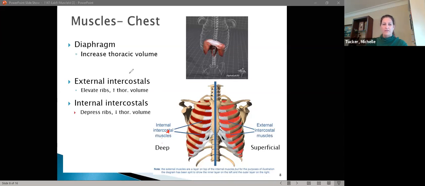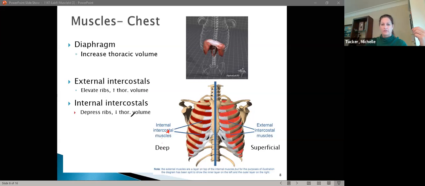We do have these external and internal intercostals that cause a forced increase or a forced decrease in thoracic volume. So external intercostals are on the exterior. So when they contract, they pull those ribs out. So they would allow you to inhale extra amounts of air. So if you're exercising, you're going to activate those because you need to bring more air into that thoracic cavity.